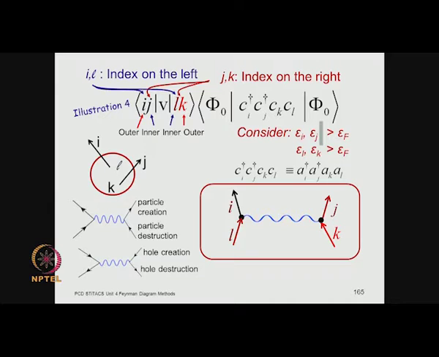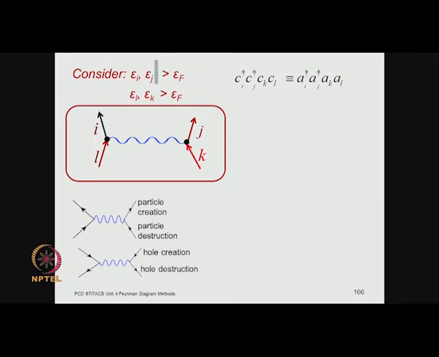However, that is a little cumbersome when you deal with a large number of particle hole excitations, which is why the Feynman diagrams are really of great use. What I also pointed out, and this is of importance to keep track of, is that when you interchange the vertices, this left vertex will go to the right and the right to the left. So, l and i will go to the right and j and k will go to the left.